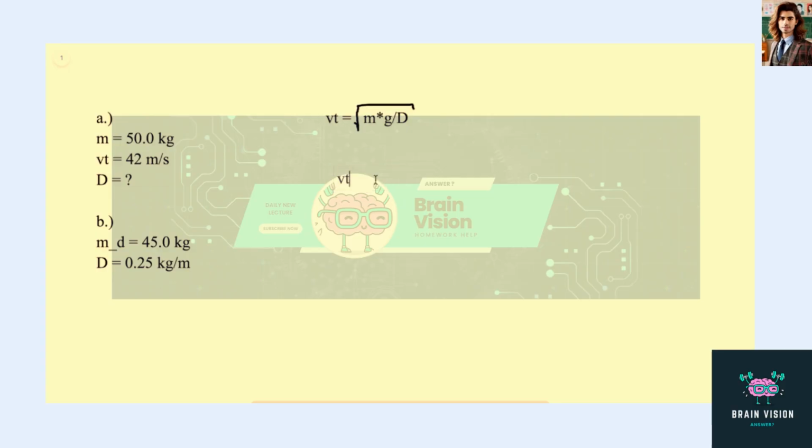So let's first square both sides, which will give us vt squared equals mg over d. Then if we multiply both sides by d and then divide by vt squared, we're going to end up with d is equal to mg over vt squared.